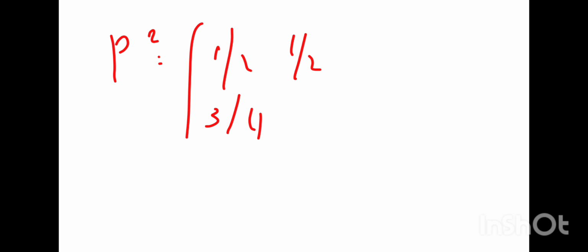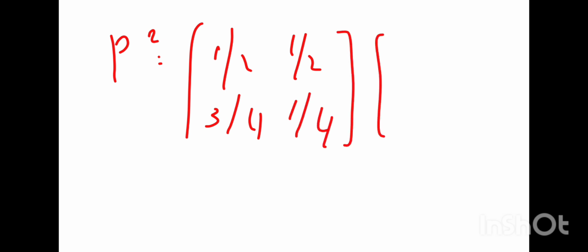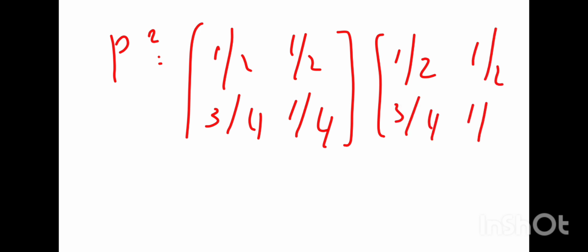P square is equal to [1/2, 1/2; 3/4, 1/4] into [1/2, 1/2; 3/4, 1/4].